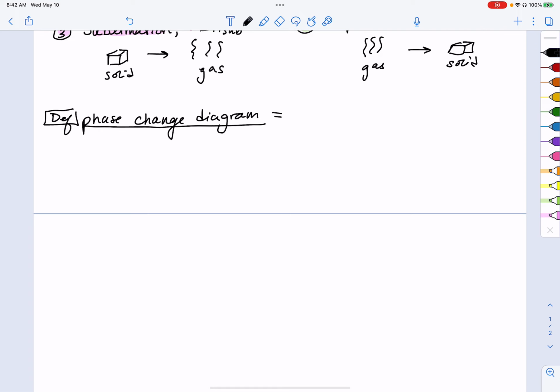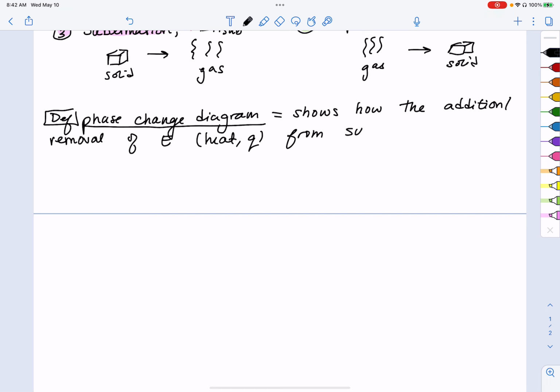So a phase change diagram shows how the addition or removal of energy, typically heat, Q, from a substance causes some kind of phase change.